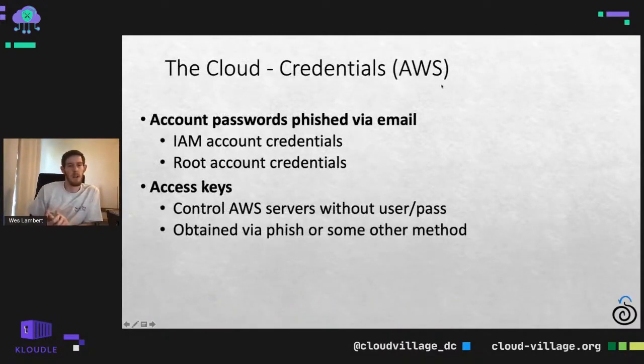And we also talk about, aside from getting at the data, how credentials like AWS credentials can really pretty easily be obtained by phishing efforts, right? By going after folks, administrators, IT admins, trying to get IAM account credentials or root account credentials, or trying to get those access keys, right?